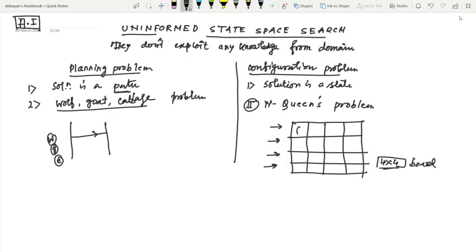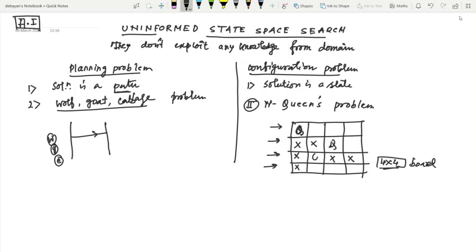If we place a queen at a particular position, there is a restriction that you cannot place the next queen in the blocked positions. Since this queen is placed in that row, you cannot place any queen in that particular column, and since this queen is placed there, you cannot place one in the particular diagonal also.